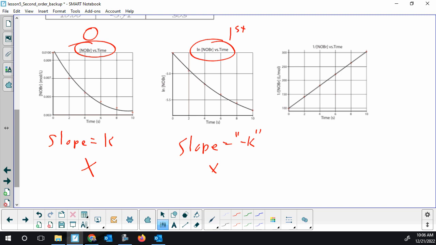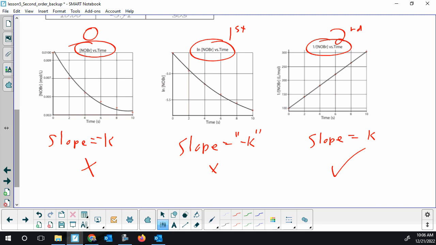Here's our second order test where it's the inverse concentration versus time, and this is where we got a straight line. And here the slope is equal to k. Here I missed for zero order, it's minus k. So minus k, and then k. And this is what we have, a nice straight line with a positive slope.